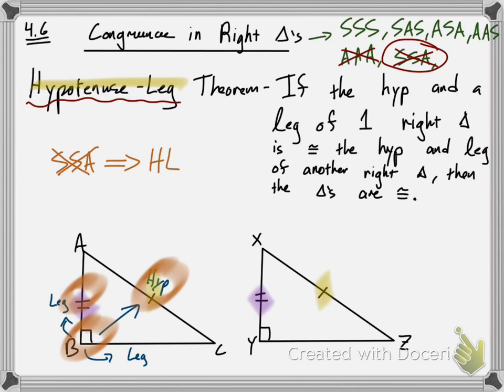So that is the one exception with SSA. If you have a right angle, then we are allowed to use SSA, but we call it HL, hypotenuse leg. All right, that angle must be a right angle.